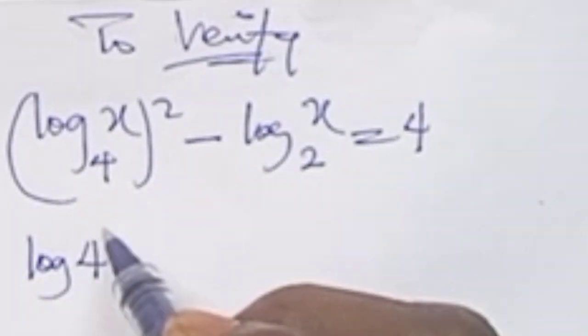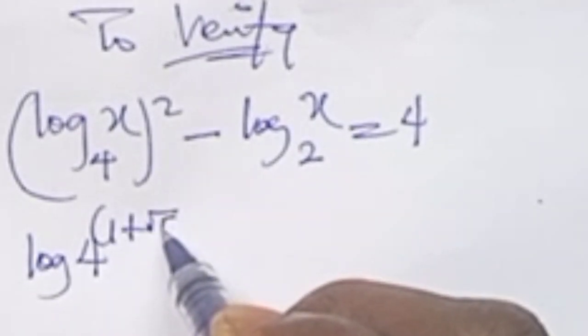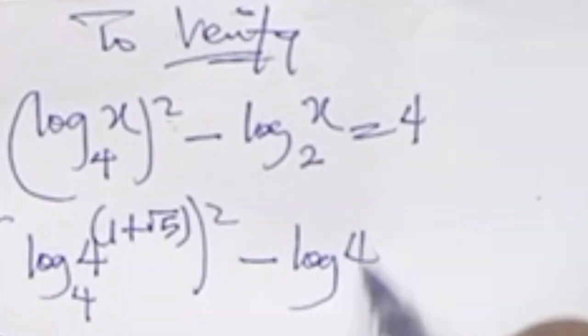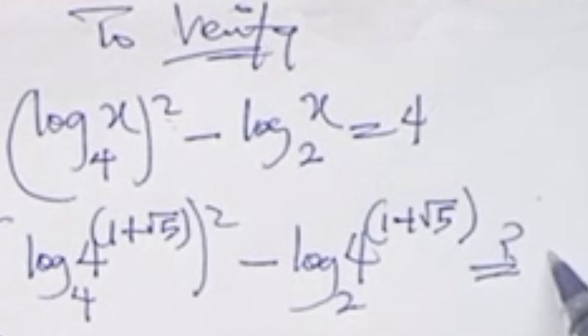So in the place of x, we put these values, which means that log 4 to power 1 plus square root of 5 base 4 to the power of 2 minus log 4 to power 1 plus square root of 5 base 2, could it be equal to 4?